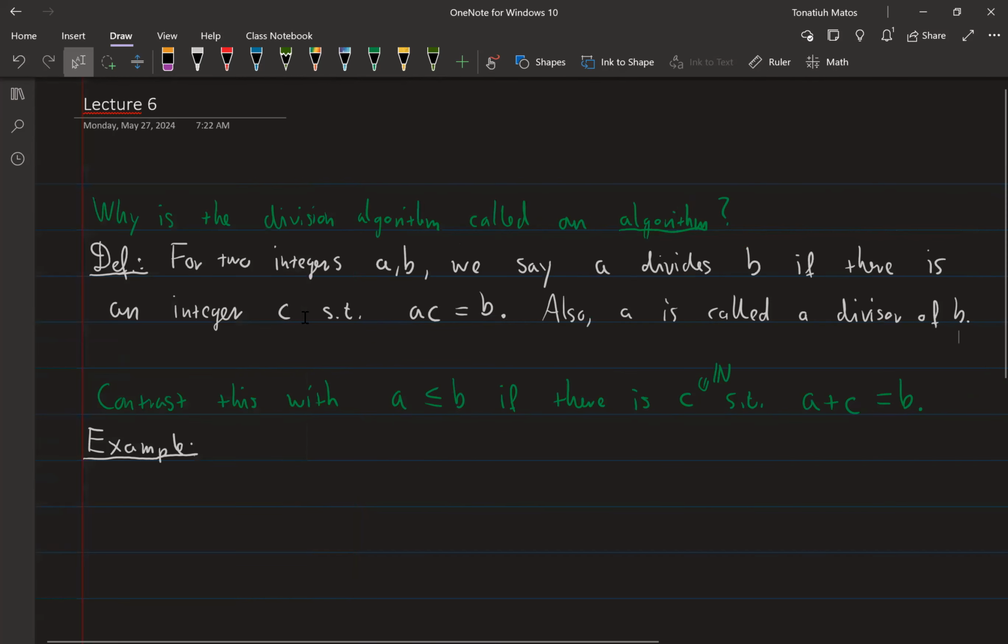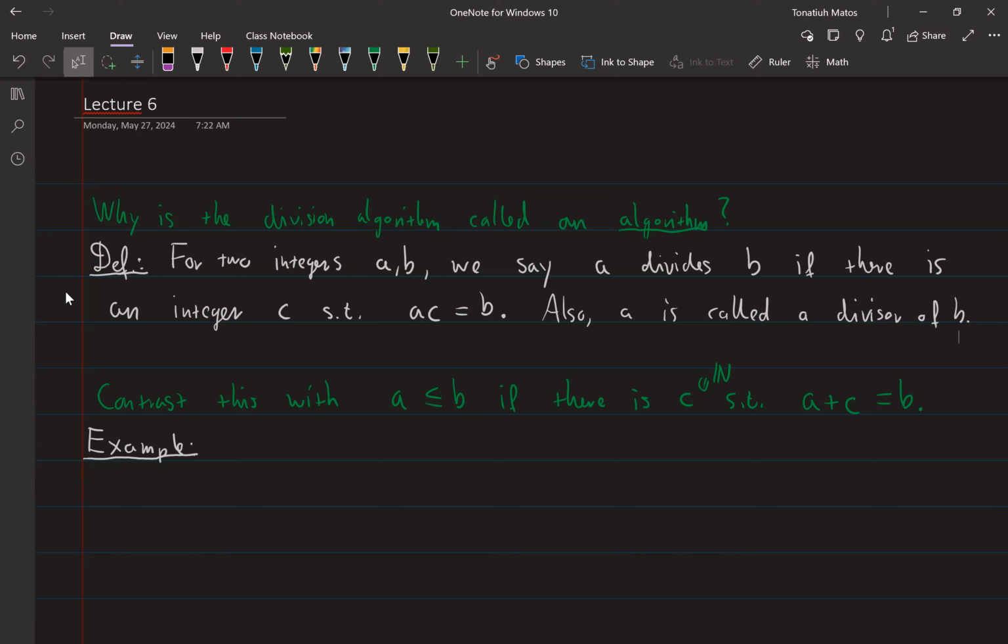And it is something that you're expected to know, if not by hand, then at least know that you should be able to code this if the opportunity arises. And if I have time, I will share my console with you and tell you how you can program this. Okay, so I think that answers the first question that you can see at the top of the screen. Why is the division algorithm called an algorithm?